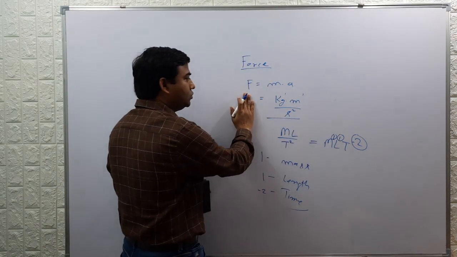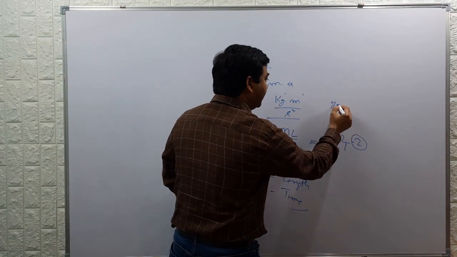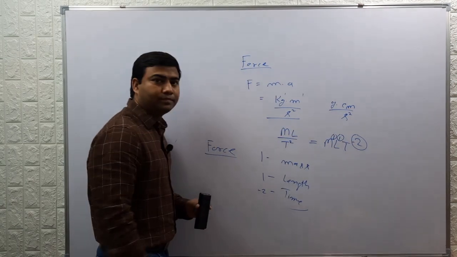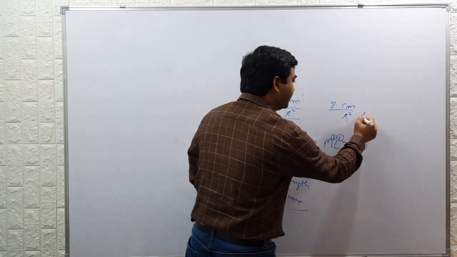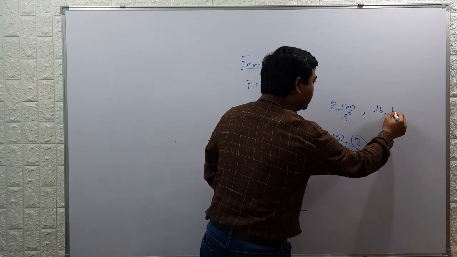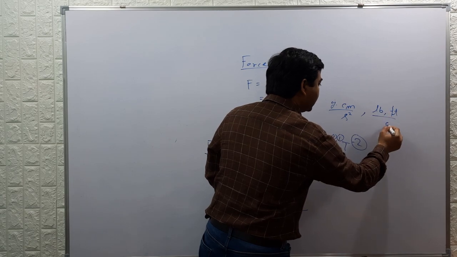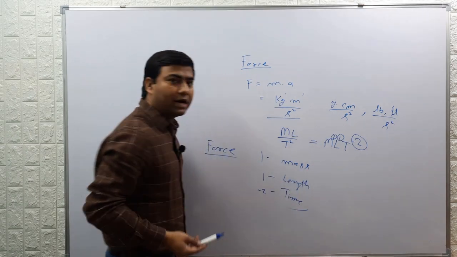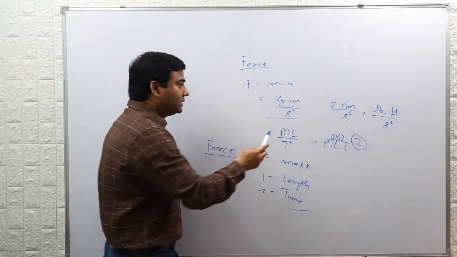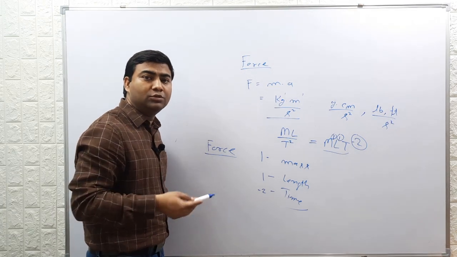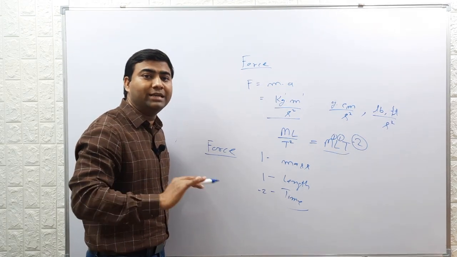In the CGS system, the unit of force is gram centimeter per second square, and in the FPS system it is pound foot per second square. So in all these systems, different units are used, but the dimensional formula will be the same, because the symbols used in the dimensional formula are standard.